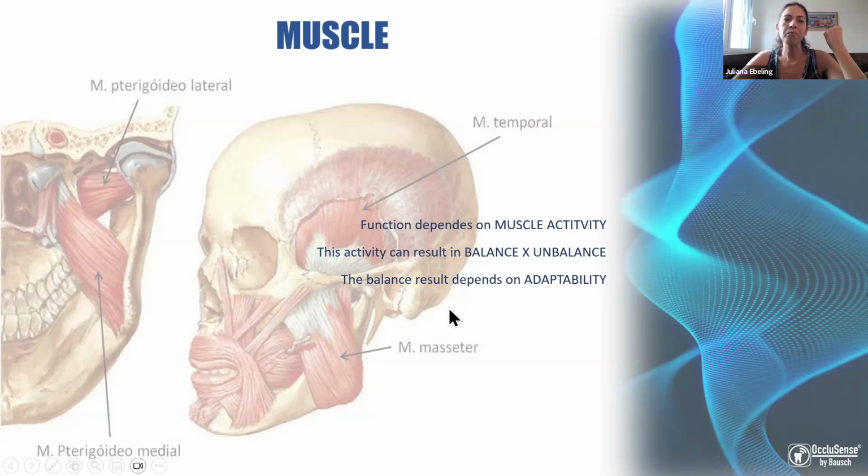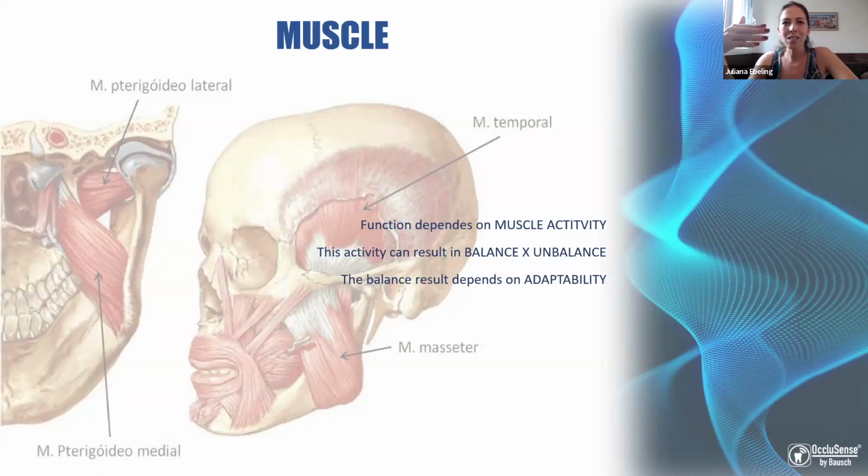What drives whether this system is balanced or unbalanced? The adaptability, and this is very individual. I can have the same contact distribution in one patient and see no disorder, and see a completely different situation in another patient who is not able to adapt to it. For this reason, we don't have rules for how the system must work.